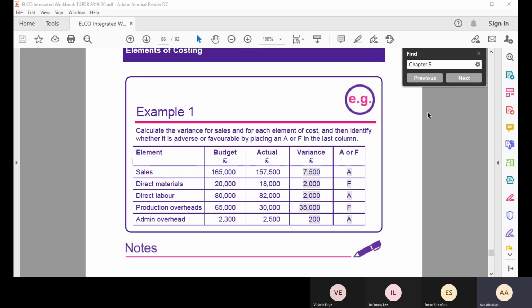So budgeting is the responsibility of the management accountant. If you remember, we said financial accountant and management accountant. So budgeting is the responsibility of the management accountant to prepare.